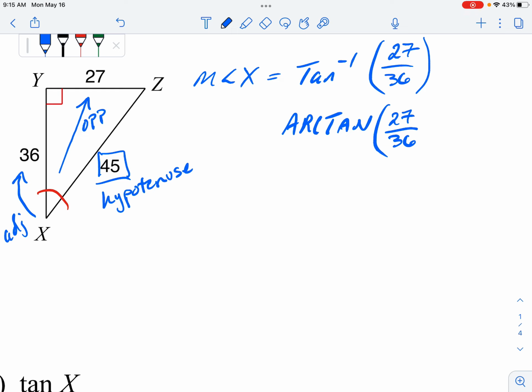So if we punch that in, inverse tangent of 27 divided by 36, I often use the divide key on the calculator. Sometimes calculators don't work very well if you write that as a fraction, but division always works, and that's the same thing as a fraction. So I punch this in, I get 36.87. Again, I'm rounding to 2 decimal places. So the measure of angle x is 36.87 degrees.